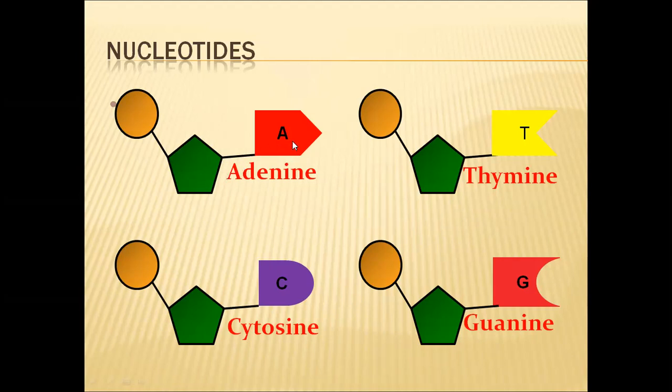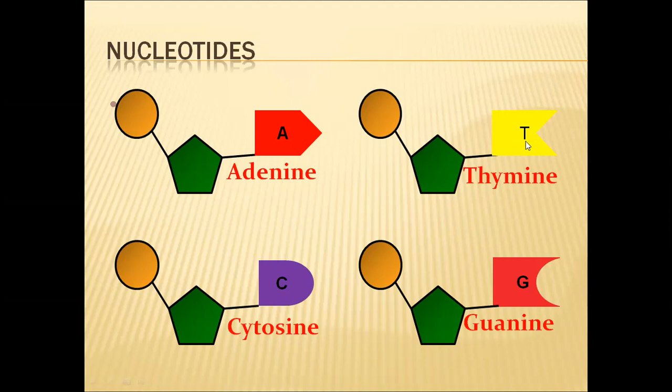When adenine is attached to deoxyribose, it is called deoxyadenosine. When cytosine is attached to the sugar deoxyribose, it is called deoxycytidine. When guanine is attached to deoxyribose, it is called deoxyguanosine.